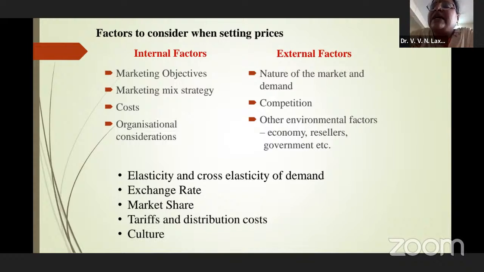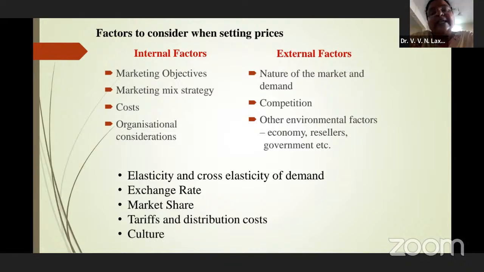And there are some environmental factors like economy, resellers, government, political factors, etc. Now, when GST was levied, the price at most of the hotels increased because hotels and restaurants were a part of luxury products. And the average Indian felt that the price at the hotels had increased. But that was a government compulsion, which the company cannot do anything about.